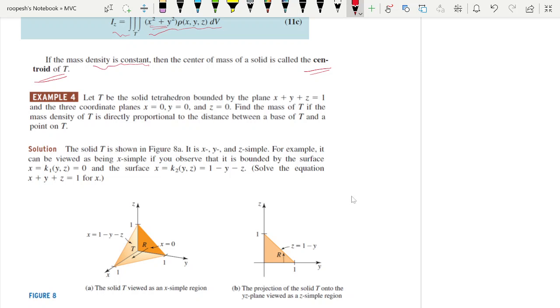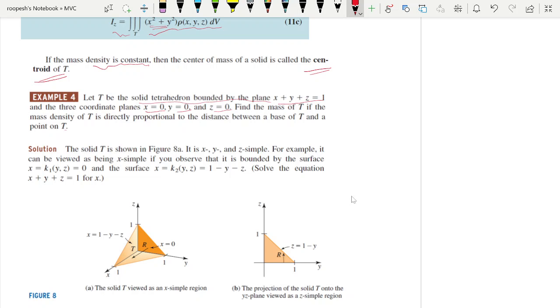Example 4. Let T be a solid tetrahedron bounded by the plane x plus y plus z equals 1 and the three coordinate planes x equals 0, y equals 0, and z equals 0.